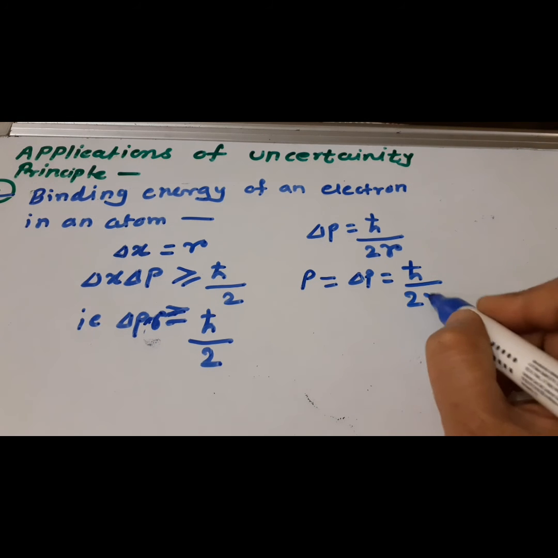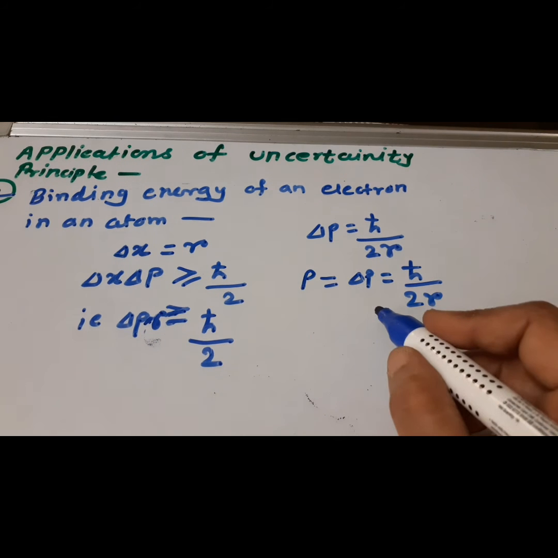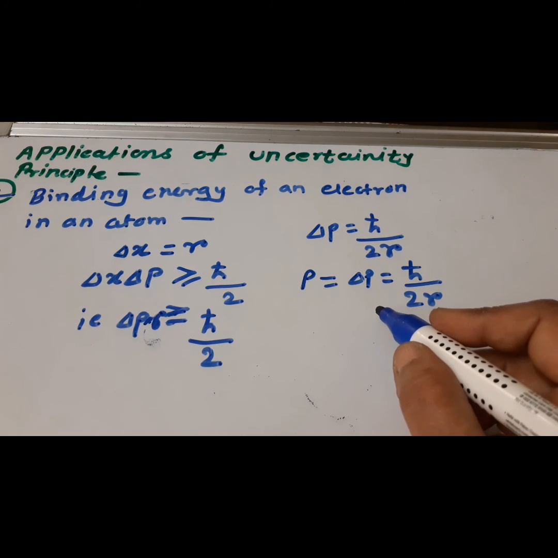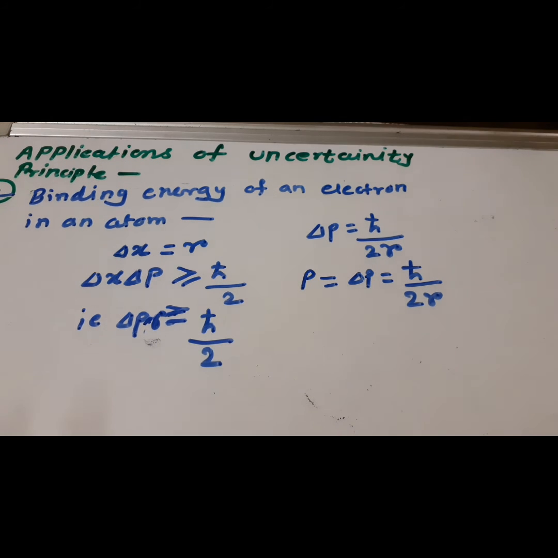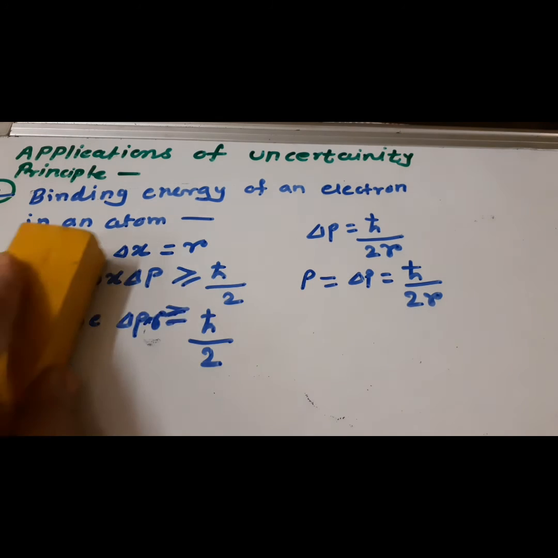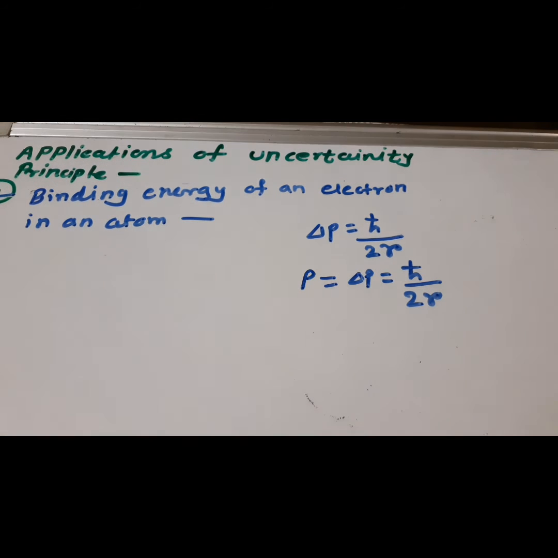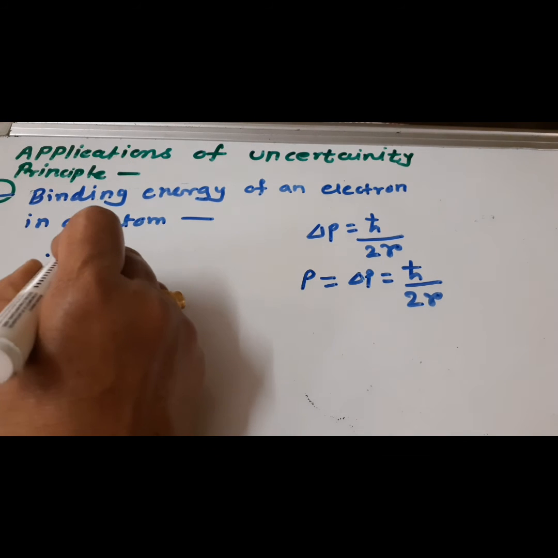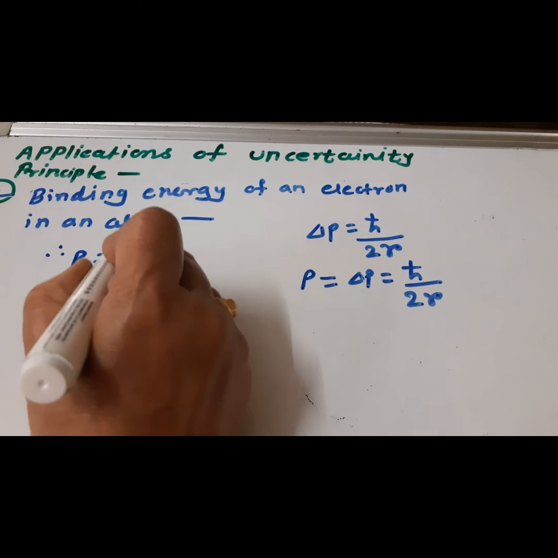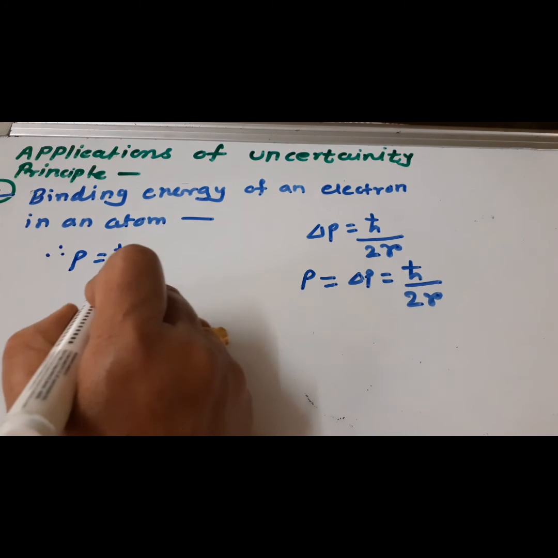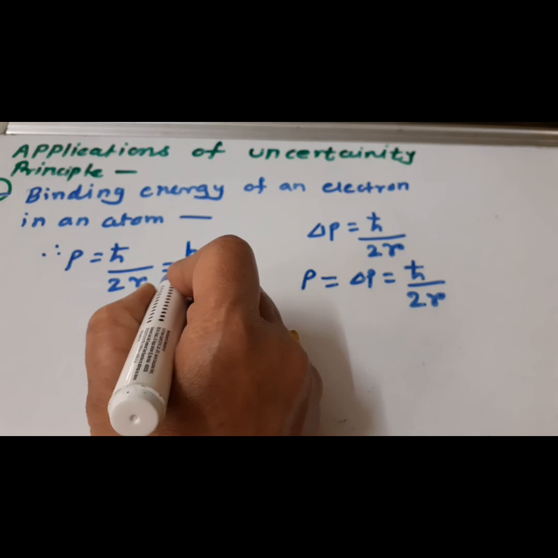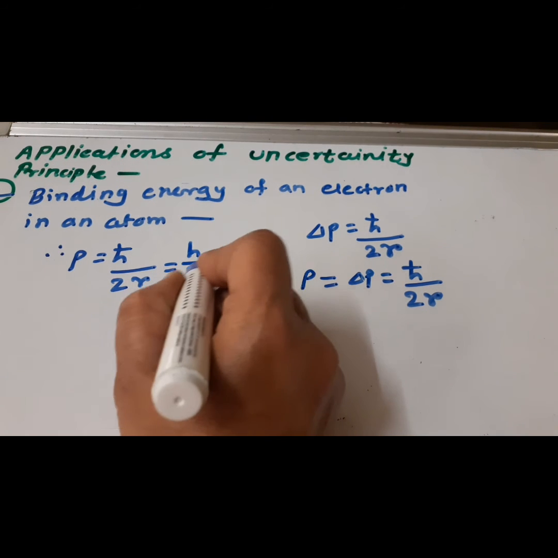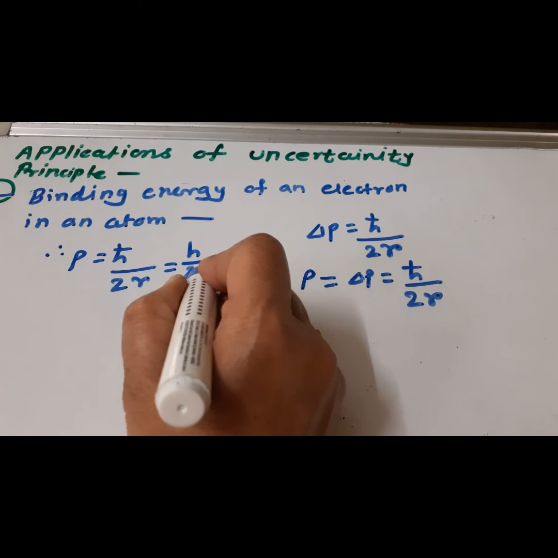Taking r to be of the order of 10 to the power minus 10 meter. Okay, how much radius do we have to consider here? We have to consider the radius 10 to the power minus 10 meter. Then, P is equal to h cross upon 2r, that is equal to h upon 2 into 2 pi into r, isn't it?